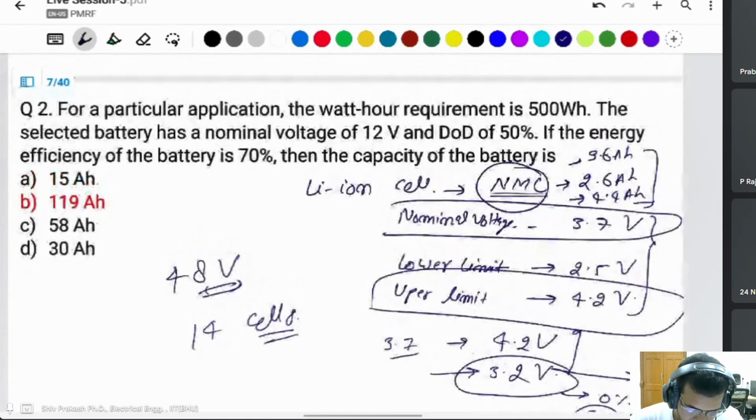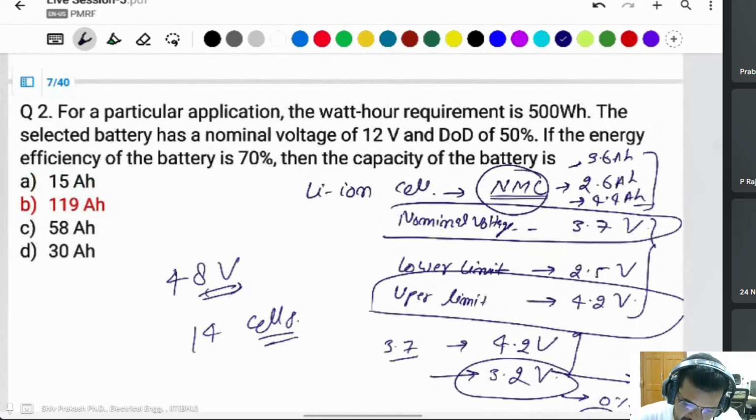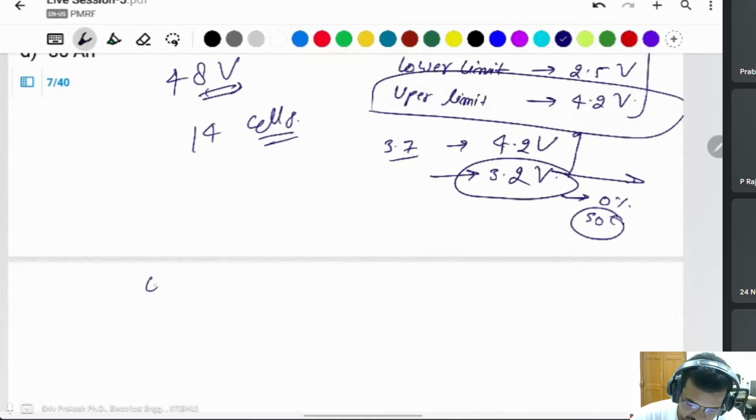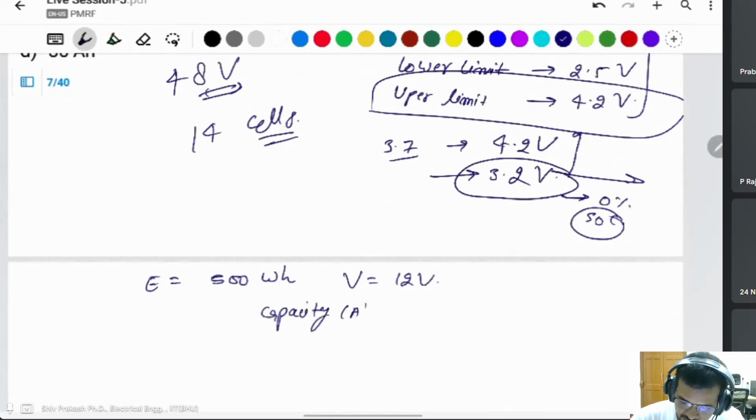Then comes the question for a particular application: our requirement is 500 watt hour of total energy, with voltage given as 12 volt. What is the capacity in Ah? Simply watt hour divided by voltage gives Ah. That is 41.66 Ah battery.